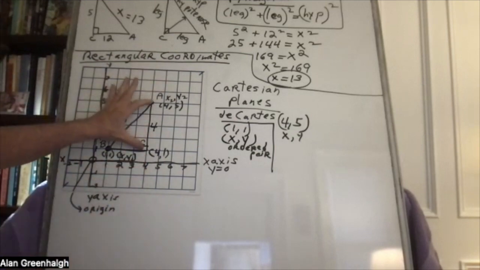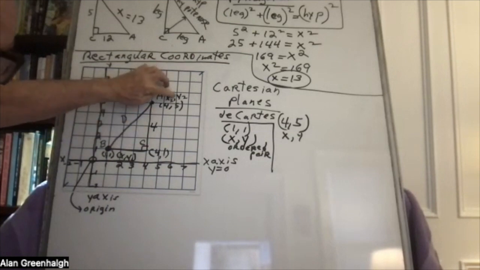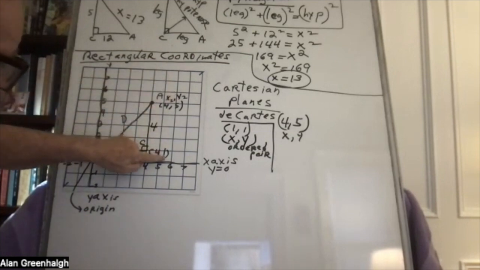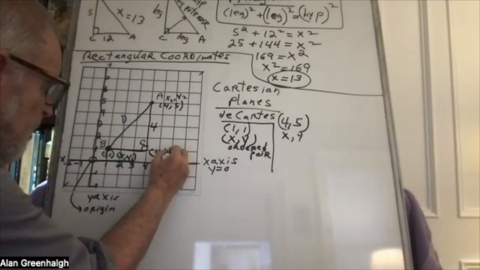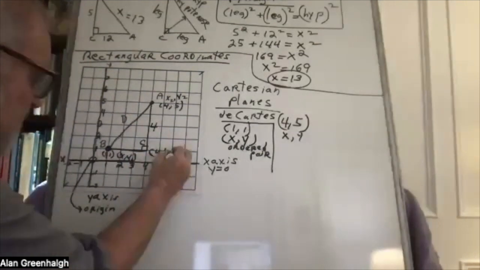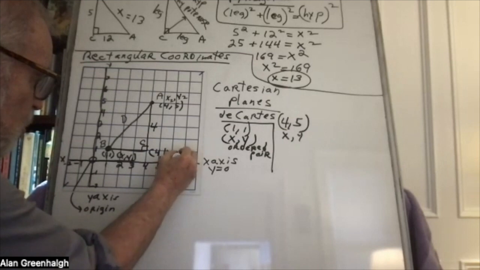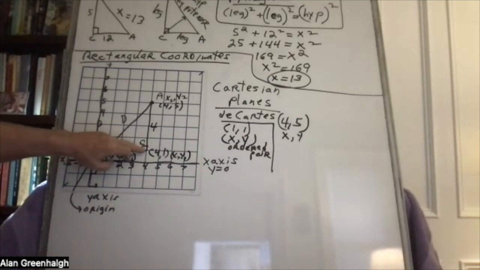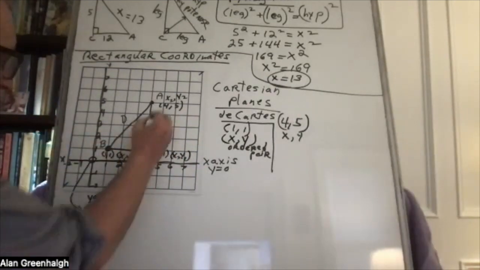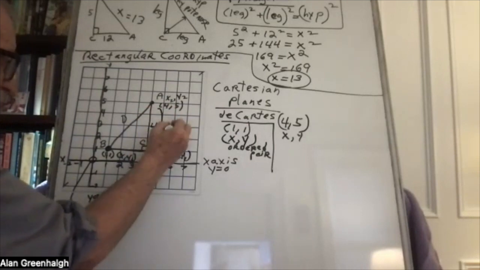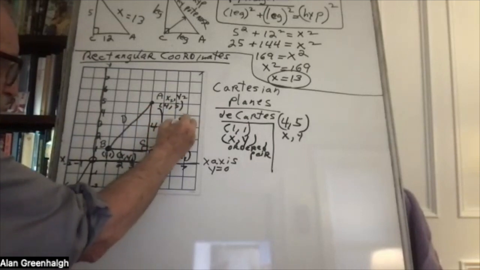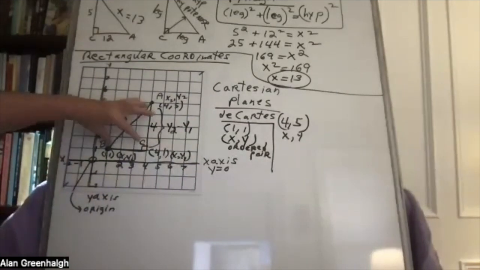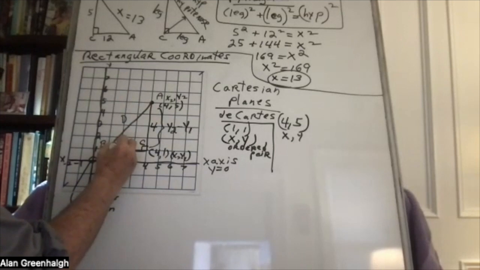This line can be found by subtracting y2 minus y1. Wait a minute, this is equal to x2, y1. I forgot to say that this is the point where x is equal to 2 and y is equal to 1. So this line is equal to y2 minus y1, and this line here is equal to x2 minus x1.